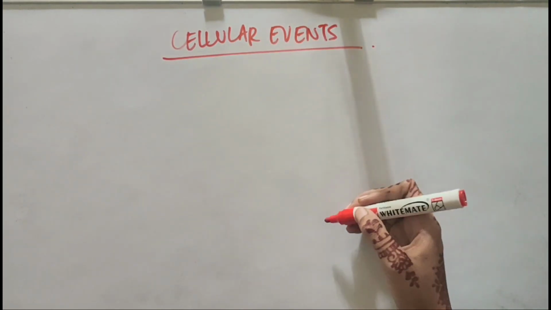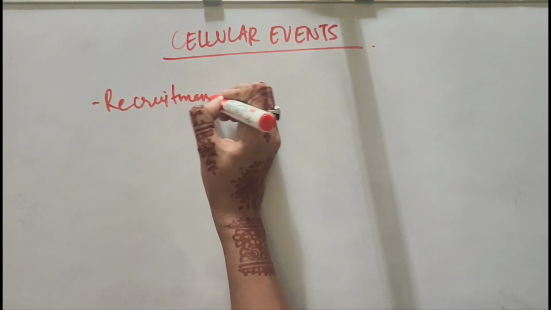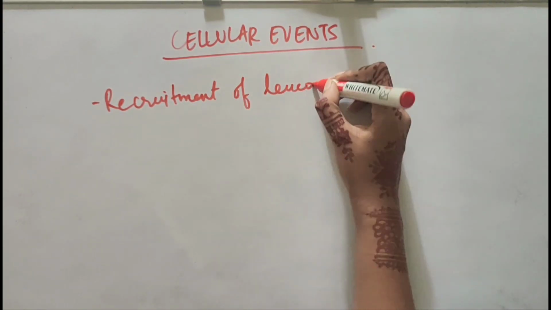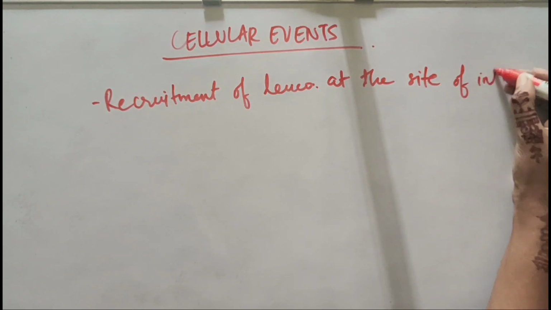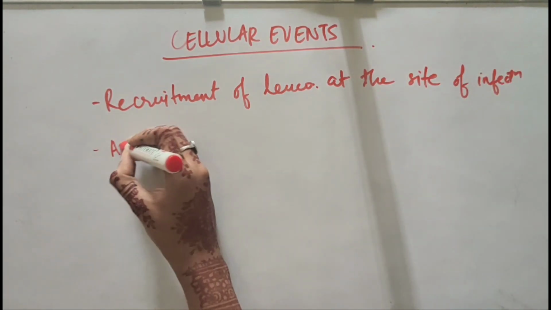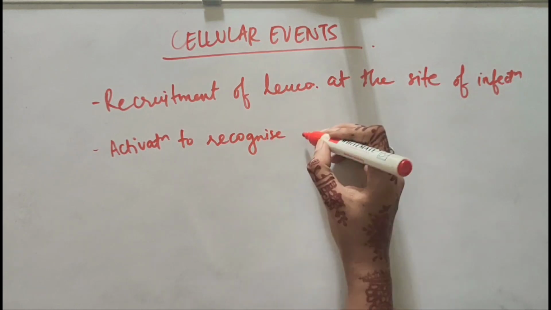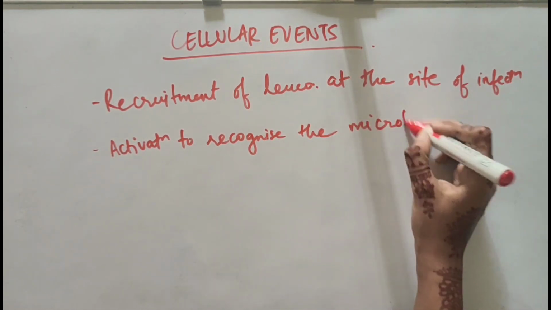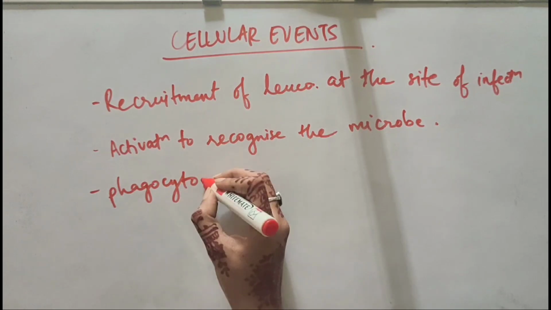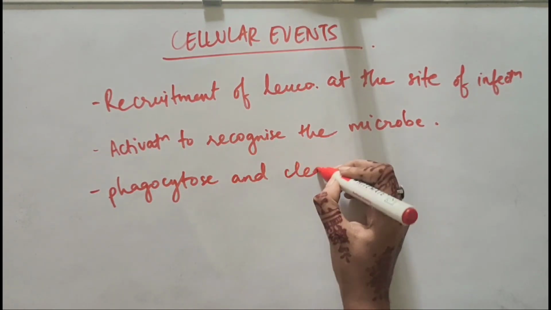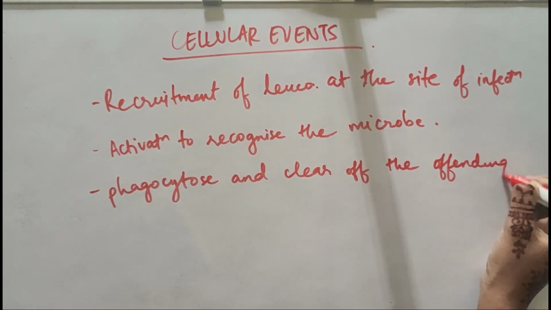So the cellular phase of acute inflammation includes recruitment of leukocytes at the site of infection, their activation to recognize the microbe, and eventually phagocytose and clear off the offending agent or the causative agent.